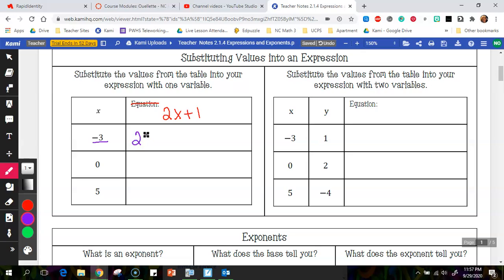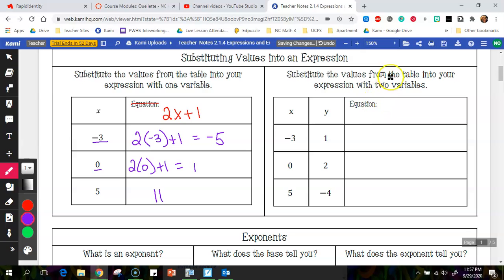Instead of writing the x, we put the -3 in there. So 2 times -3 is -6 plus 1 is -5. If we have 0, we plug in a 0 for the x. 2 times 0 plus 1. 2 times 0 is 0, plus 1 is 1. Plug in a 5 for the x, and if it's short like this, you don't really even have to write it down. 2 times 5 is 10, plus 1 is 11.